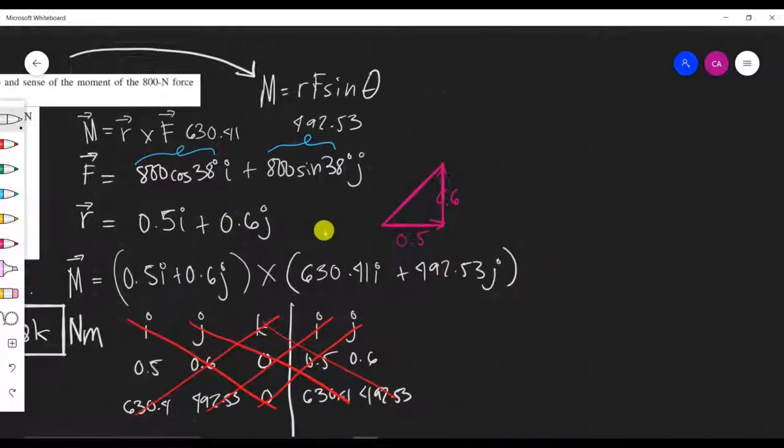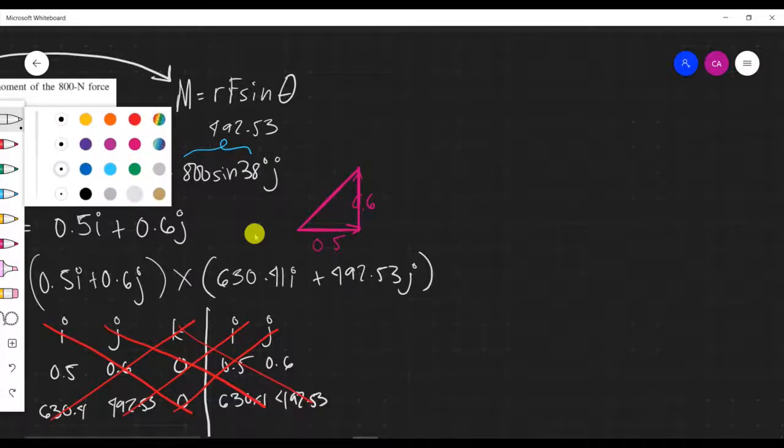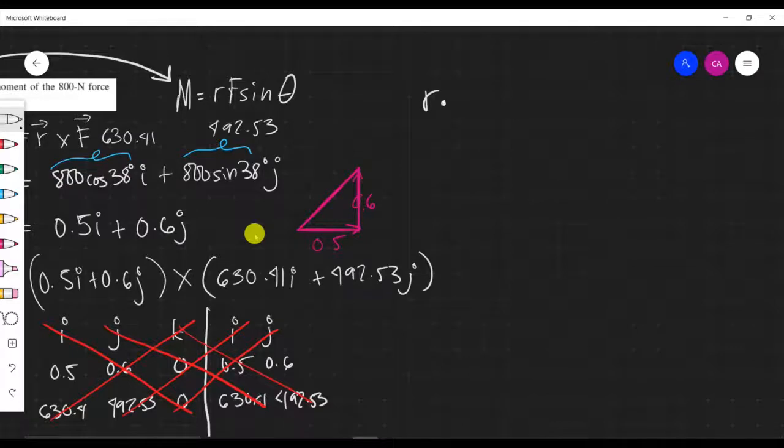Okay? So, naaalala pa ba yung formula ng angle? So, kung matatandaan natin, if R dot product with F is equals to RF cosine theta. Okay? Vector R and vector F is equals to RF cosine theta.